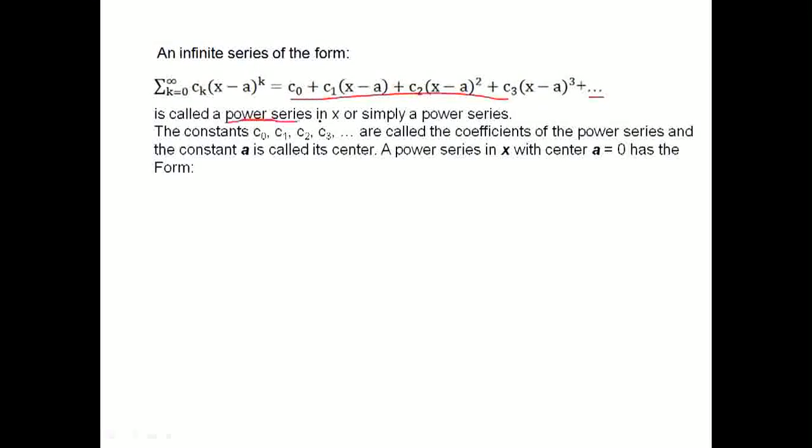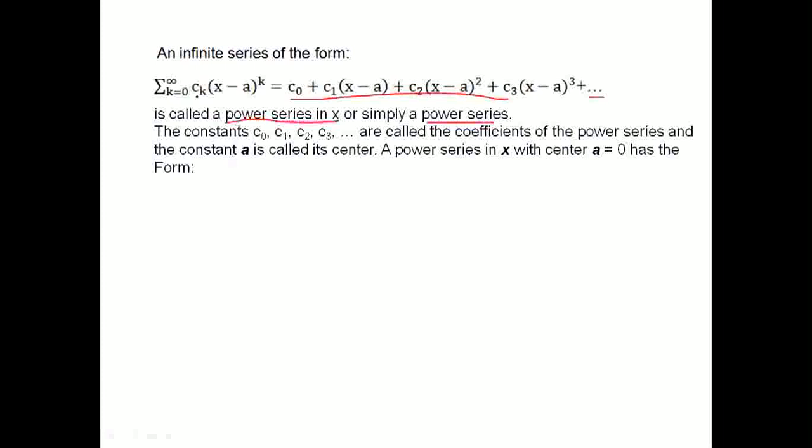So an infinite series of the form sigma c_k (x minus a) raised to the power k, taking values of k from 0 to infinity, is given as the expression on the right-hand side of the equal sign. This kind of infinite series is known as a power series in x, or simply a power series.